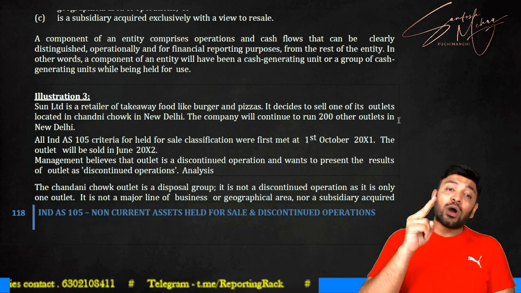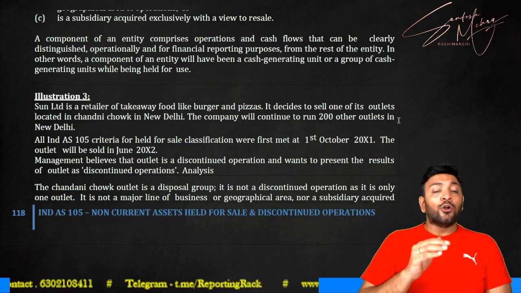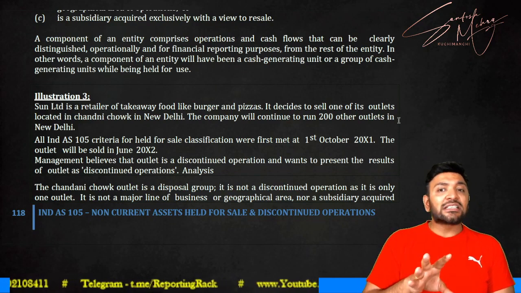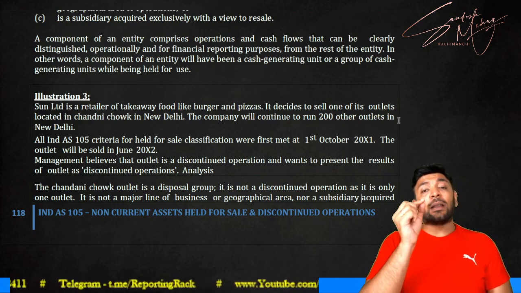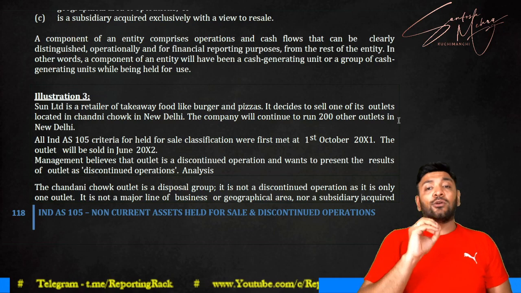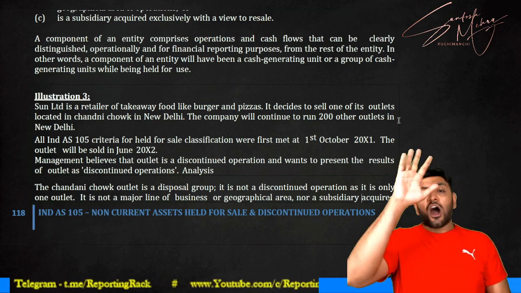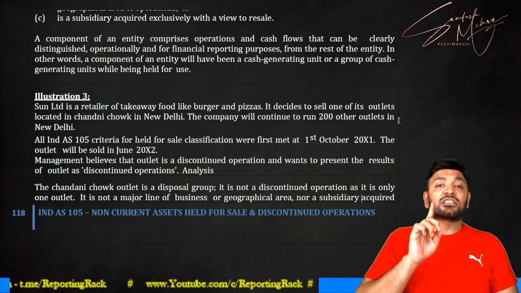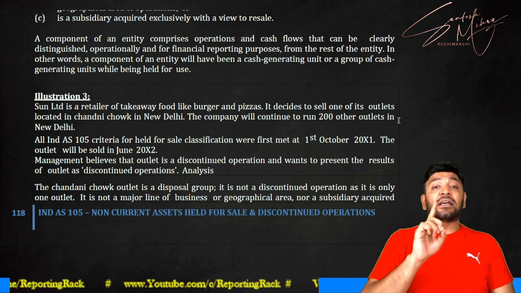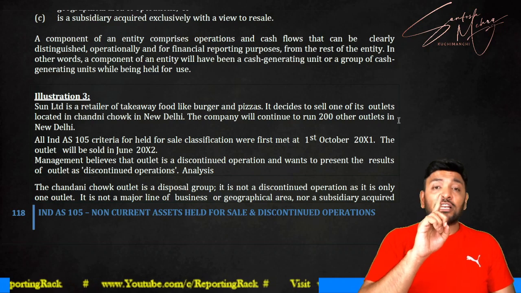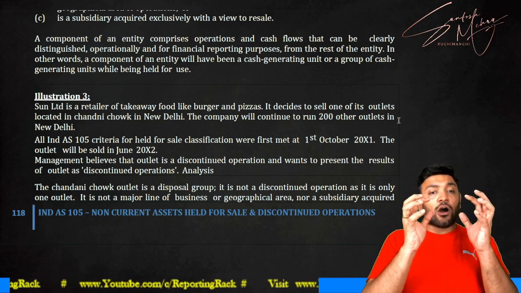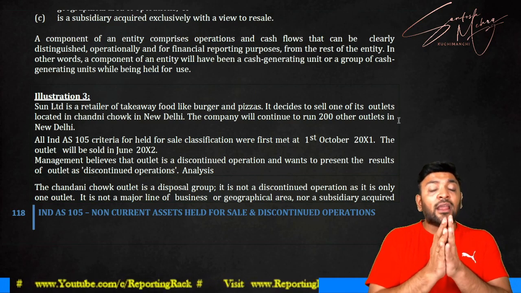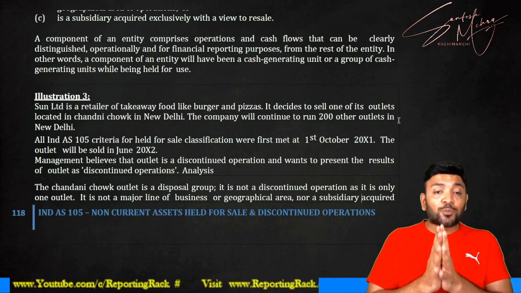Guys, it cannot be a discontinued operation because it is just one store. You are running 200 other outlets in New Delhi. You cannot say it is a separate geographical location, because it is one place within a city where you are trying to discontinue. So, among all the other outlets, one outlet is being disposed. So, it is not a discontinued operation. It should only be considered as a disposal group. All the assets and liabilities combined in that particular store of Chandni Chowk should be considered part of the disposal group.